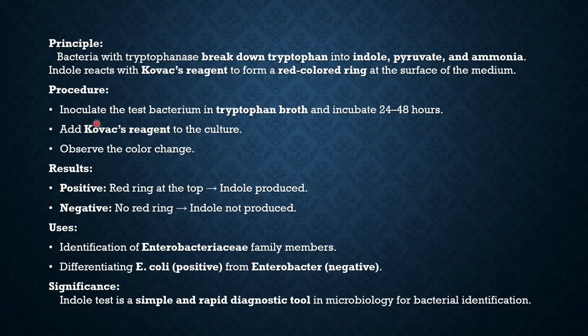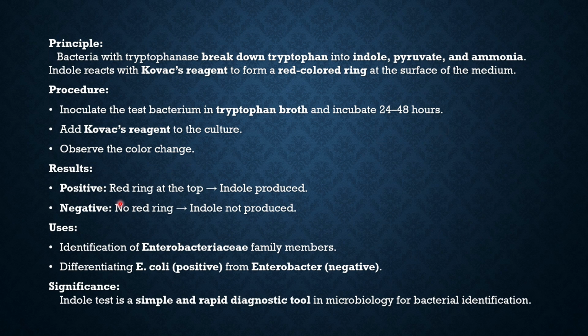The procedure is to inoculate the test bacterium in tryptophan broth and incubate for 24 to 48 hours, then add Kovacs reagent. If indole is present, it reacts with the Kovacs reagent and forms a red colored ring. So you have to observe for the color change.